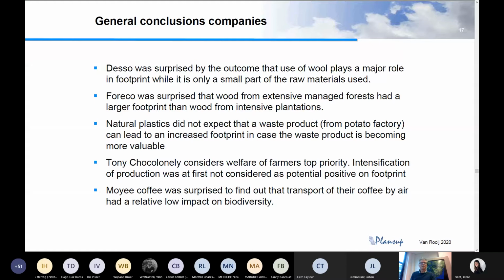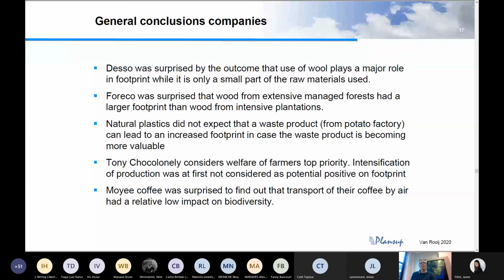Foreco also looked at their intensively managed forests, and there are many other examples. And Mailly Coffee, to give one more: the coffee by air had a relatively low impact on biodiversity compared to by sea, but that was because the impact of land use intensity was far more important for biodiversity than the relatively small impact of transport.